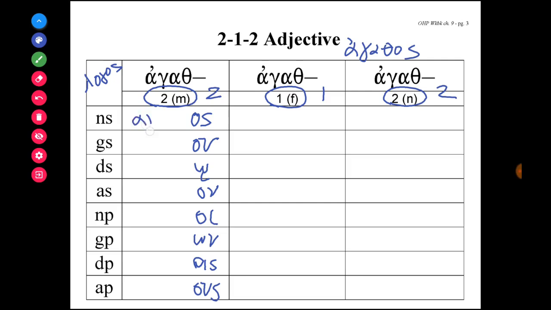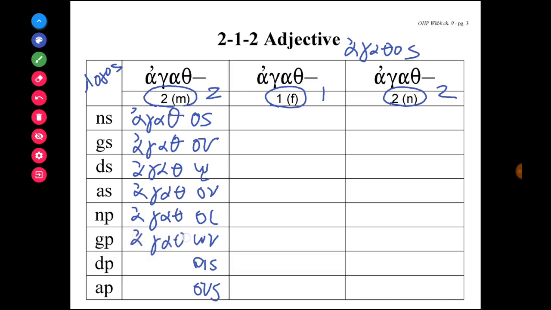So if we simply fill in the stem: agathos, agathu, agatho, agathon, agathoi, agathon, agathois, agathus. These are all the forms of the adjective for when it modifies a masculine noun.